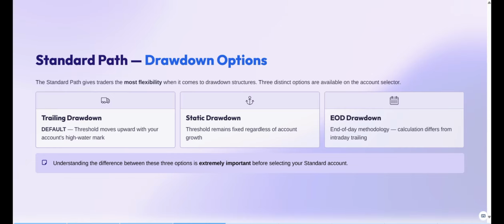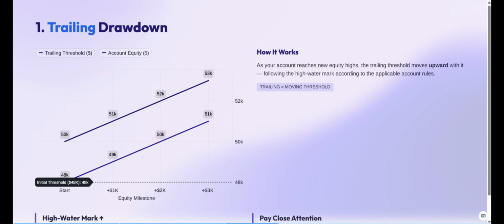But what exactly does each option mean? Let's break them down. Trailing drawdown. First up is trailing drawdown. Trailing drawdown means your drawdown threshold can move upward as your account reaches new highs, according to the applicable account rules. Let's use a simple example. Imagine you start with a $50,000 account and a $2,000 trailing threshold. Your initial threshold would be $48,000.